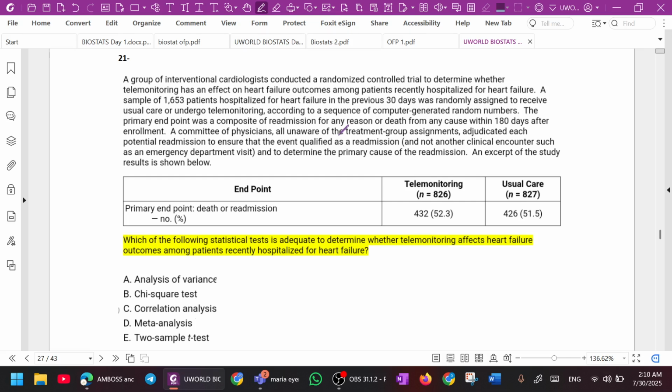The primary endpoint was a composite of readmission for any reason or death from any cause within 180 days after enrollment.